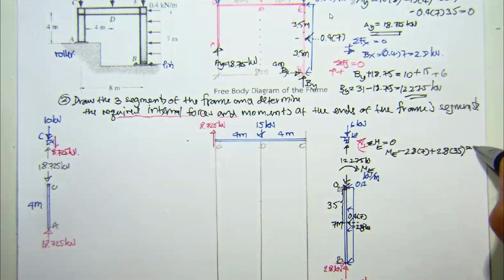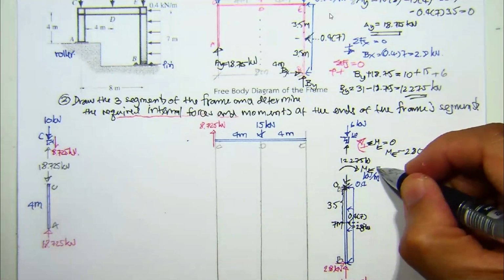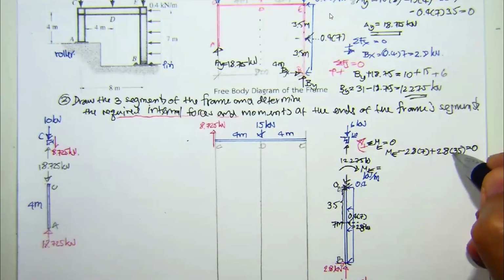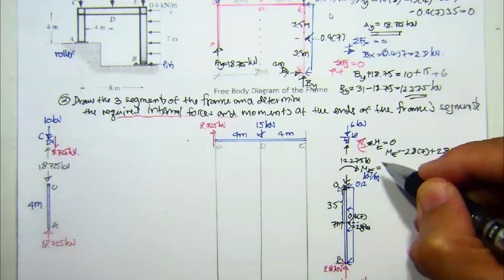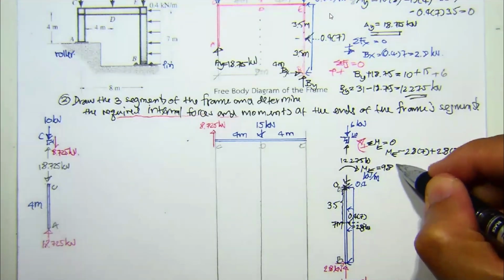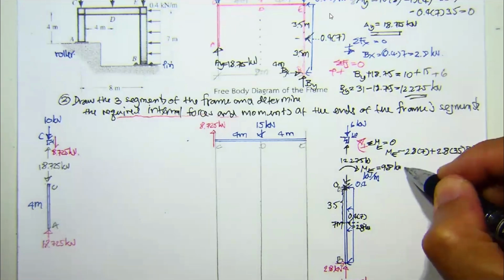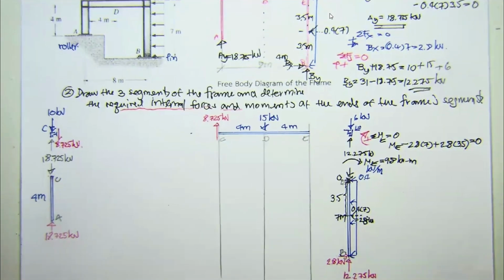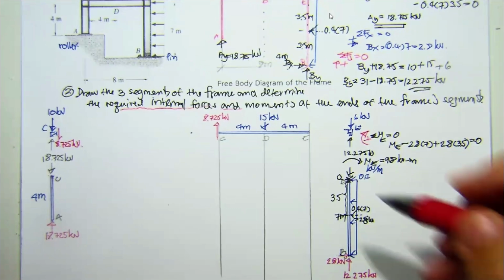Okay, and then you should have M sub E. M sub E gonna be 2.8 times 3.5. That's gonna be 9.8 kilonewton meter.